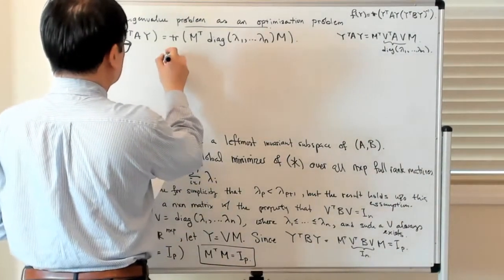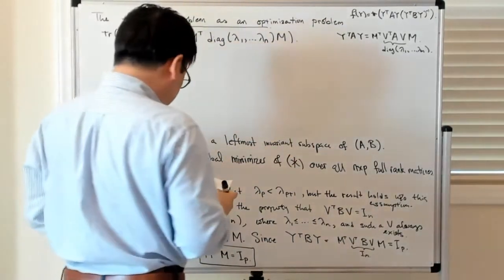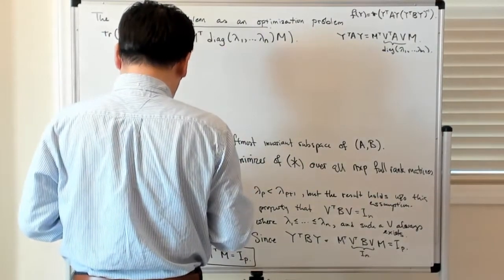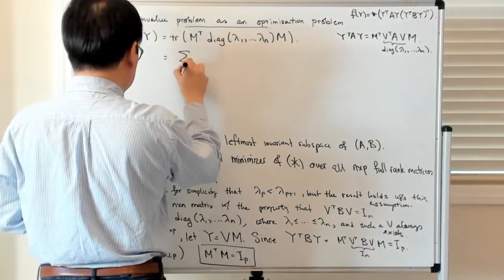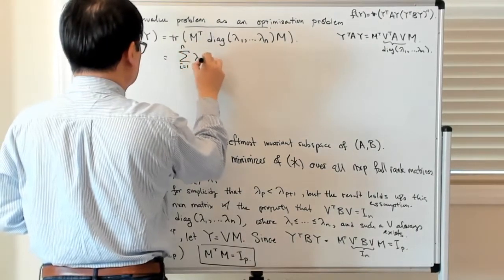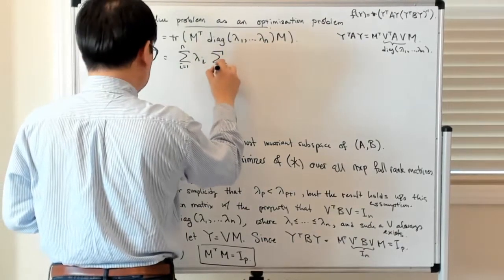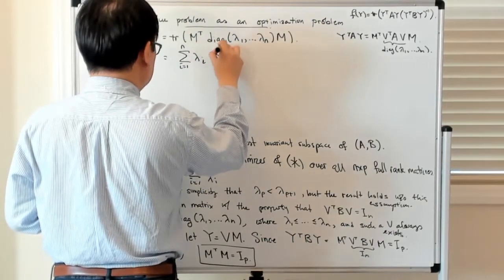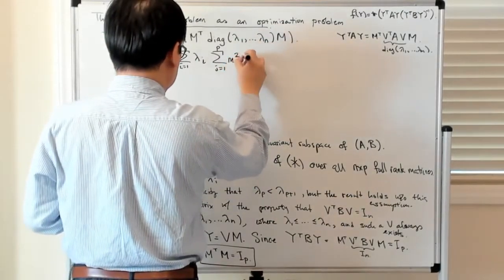All right, and so this trace gives you the sum of the diagonal entries of this matrix. Okay, so you can write down what that is. So it's the sum from i equals 1 to n of lambda i, then the sum j equals 1 to p of m_ij squared.